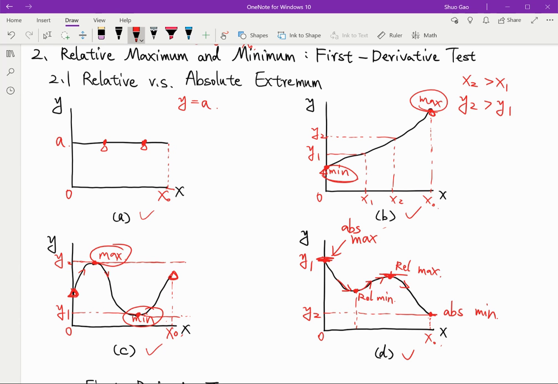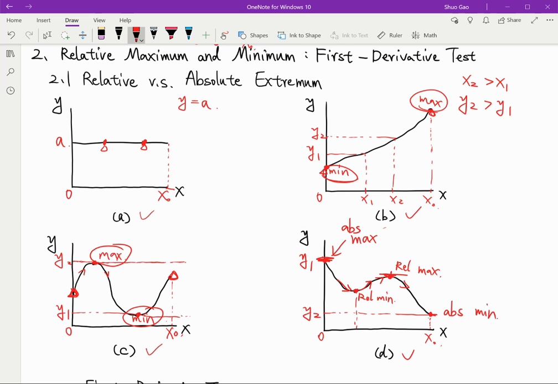So for a graph, if we want to find the absolute extreme values, we need to find four things, right? The first thing is to check whether there is any peak in the function, and then find the peak point.